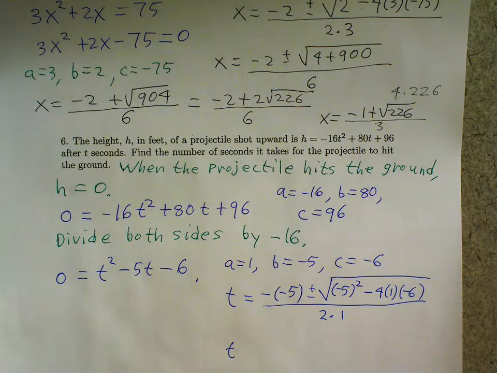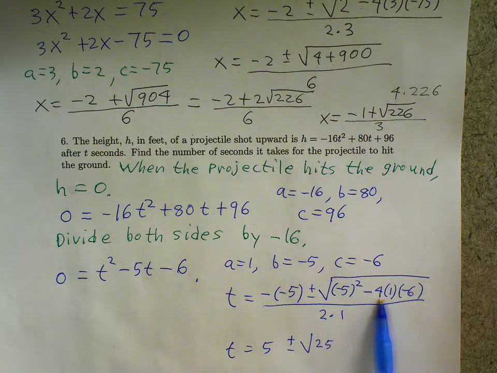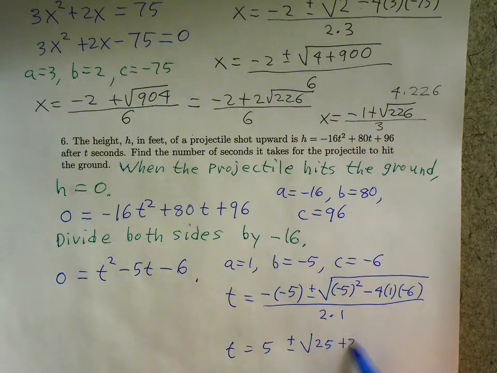The negative of negative 5 is 5. And then plus and minus the square root of 25 minus 4 times 1 times negative 6. So we're subtracting negative 24. That's the same as adding 24. Dividing everything by 2.